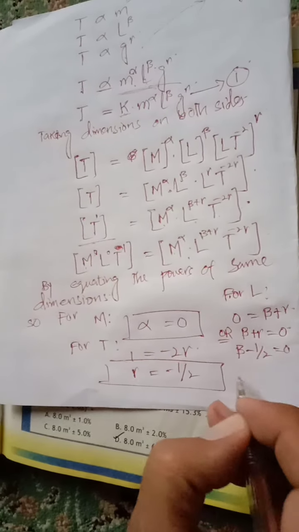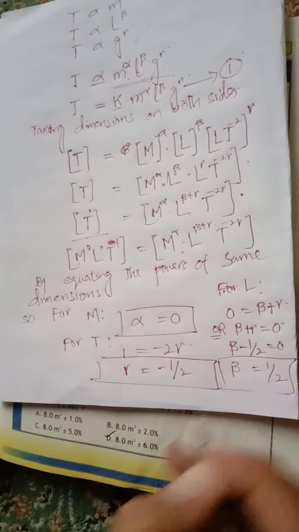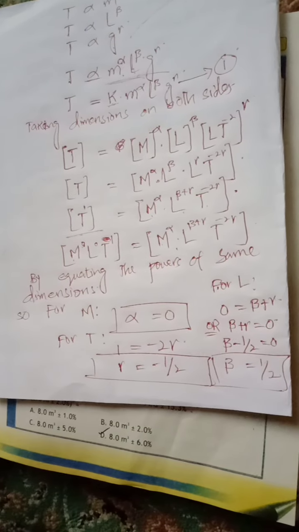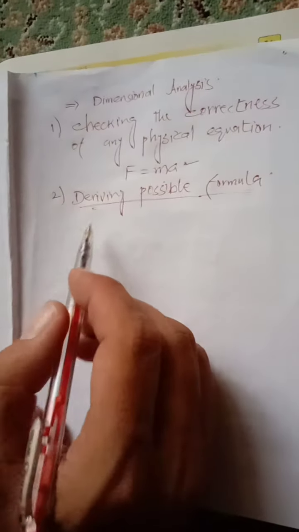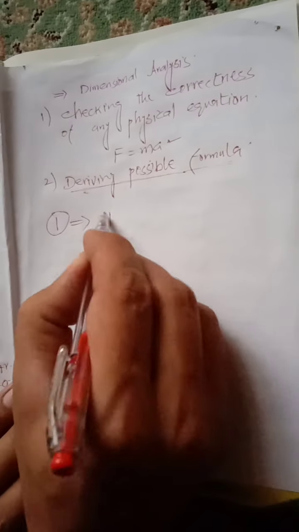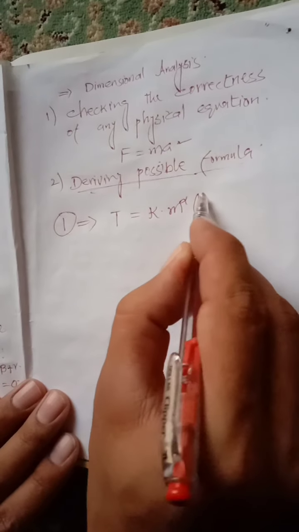So beta will be equal to 1 over 2. Now see, by putting the values of alpha, beta and gamma in equation number 1, what was our equation 1? That is T is equal to k M power alpha, L power beta and g power gamma.